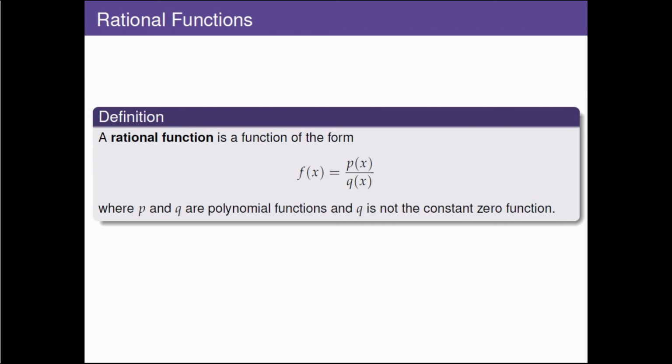The domain of the rational function f is the set of real numbers such that q of x is not equal to 0. So all the real numbers such that the denominator q of x is not equal to 0.